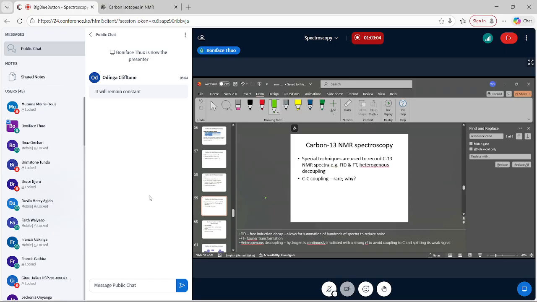In other words, it's harder to find two NMR active carbon atoms attached to be able to split the peaks of each other. So we do not usually have carbon-carbon coupling like we find in hydrogen-hydrogen coupling.